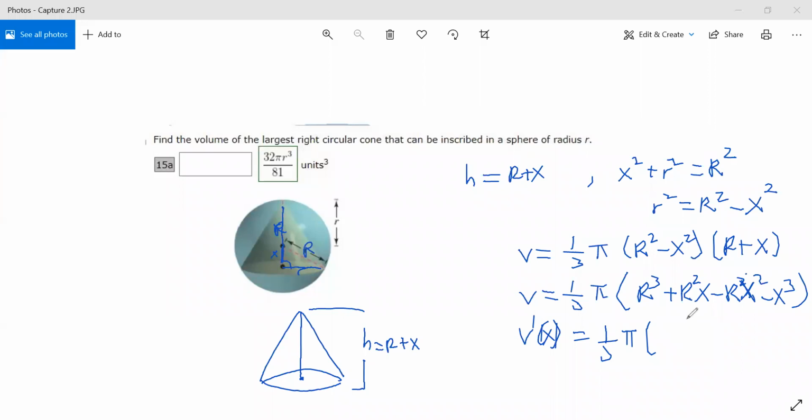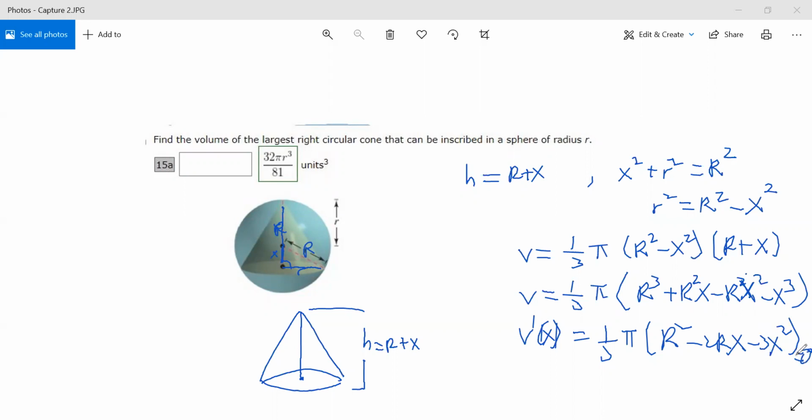Then this is R squared, minus 2rx, and then minus 3x squared. And then you set this to 0.